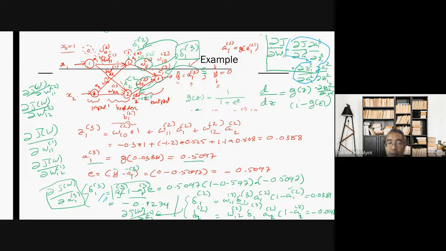This means this one. What is left to calculate is, yes, and then this one we have also calculated.